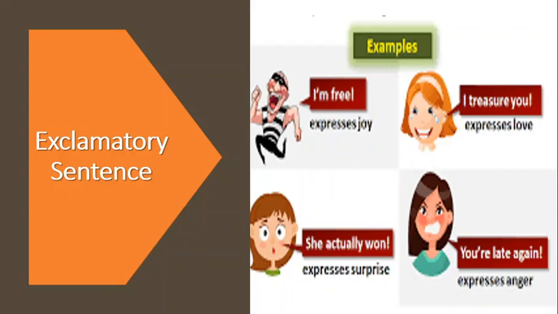I treasure you. That expresses love. She actually won. It's a surprise. And finally, you're late again. That expresses anger. You can see the mood of each of these persons. So these are exclamatory sentences. They show our mood, our emotions. What's your mood today? You remember that?